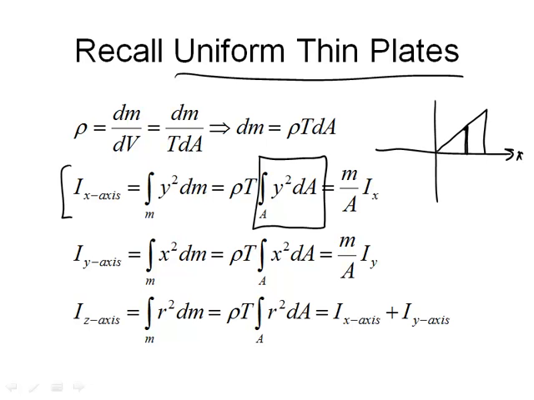Go back to the idea of mass. One of the things that we talked about early on is that mass was another name for inertia, and Galileo described inertia as how difficult it was to change the motion of an object. But for mass moment of inertia, the idea is how difficult is it to change the rotational motion of an object.